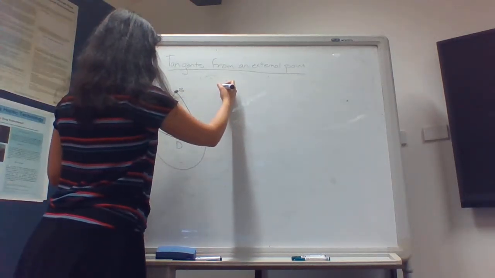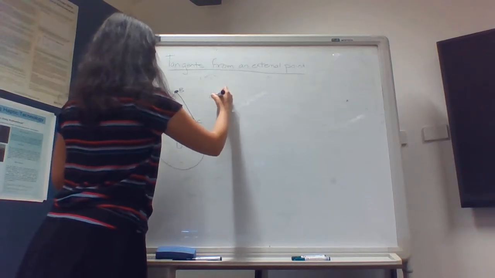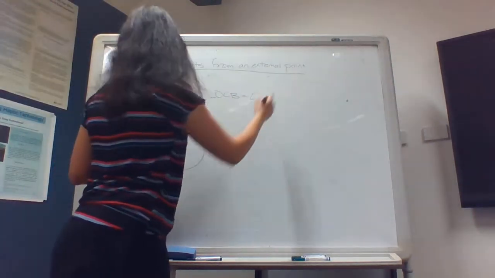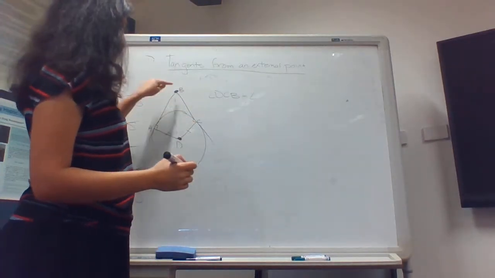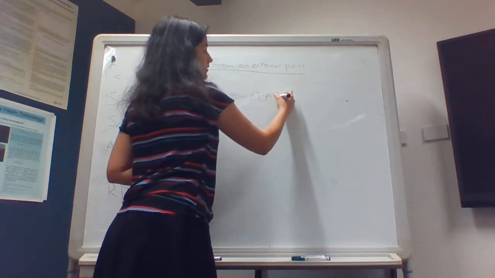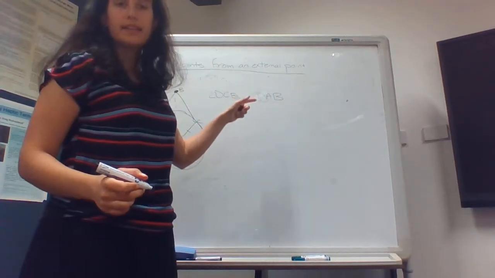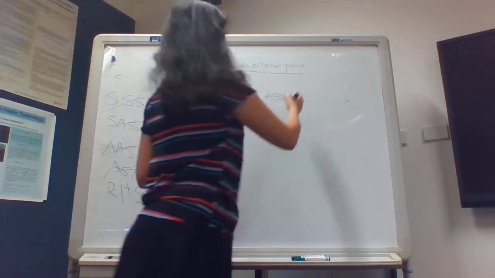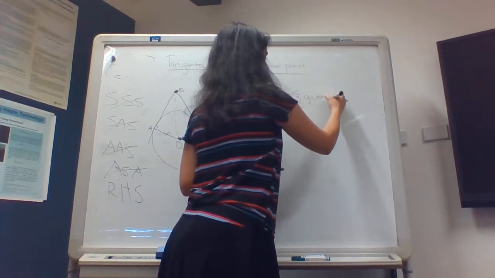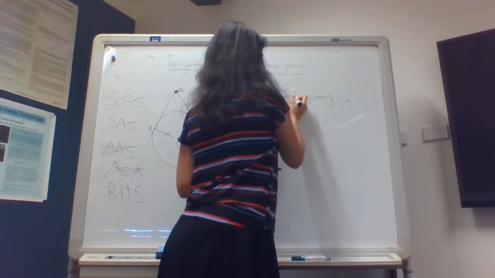Okay, so we know that angle DCB is going to equal angle DAB, okay? Remember, when we do this, the letter in the center is where the angle actually is. So then we write our reason over here, given, okay? We know that equals 90 degrees.